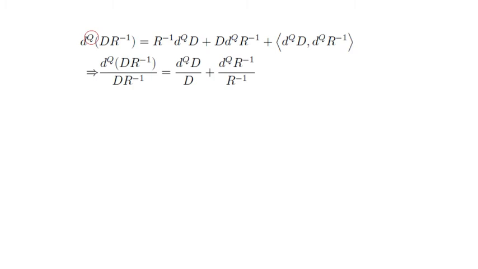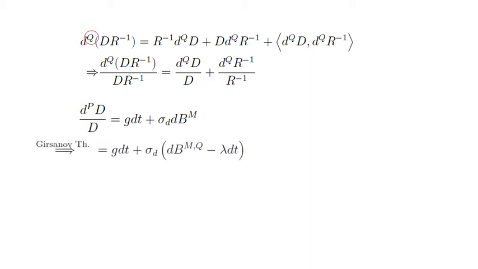Now, notice the next relationship here, which ensures that although we do risk-neutral pricing, there is a risk premium adjustment involved. And here you see where it comes from. Now let's start with the dynamic of dividends under the empirical measure P, which says the dividend growth is g dt plus sigma D dBm. Now by Girsanov theorem, we can rewrite the P Brownian motion as a Q Brownian motion minus lambda dt.